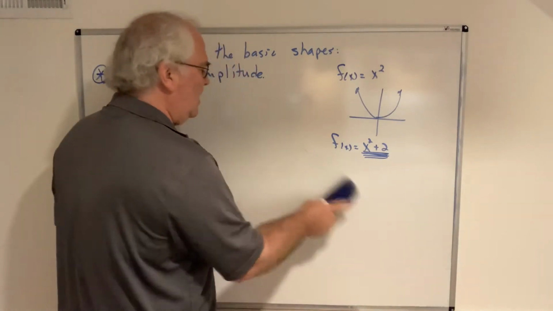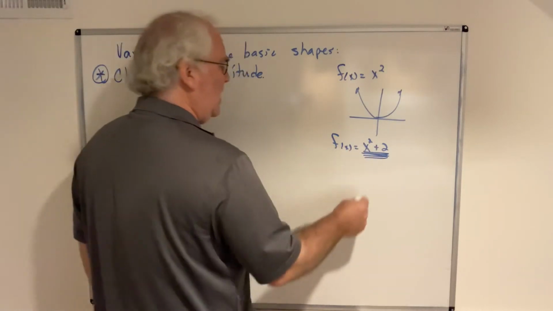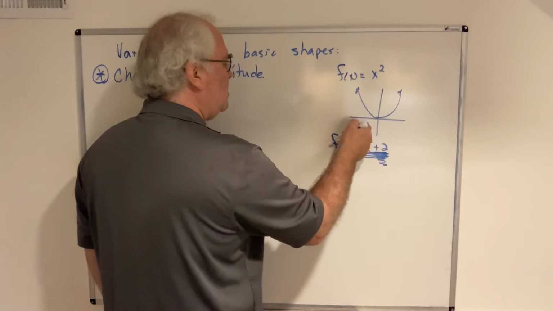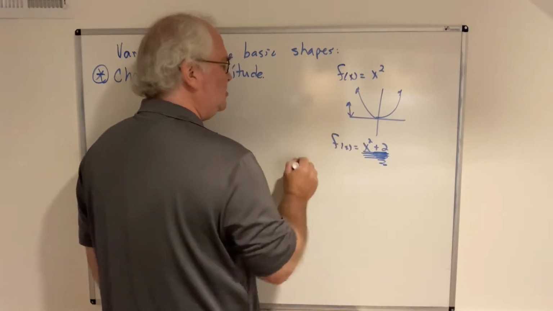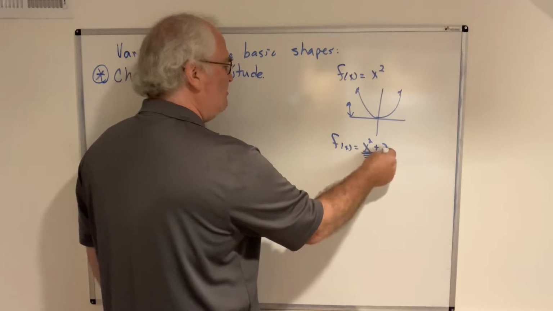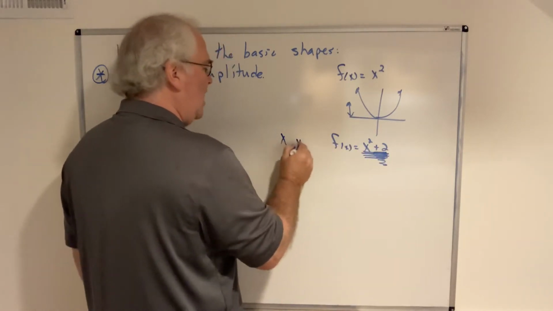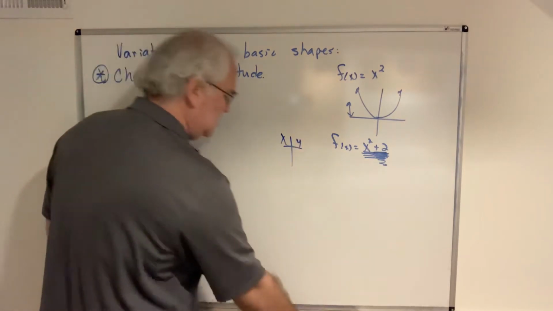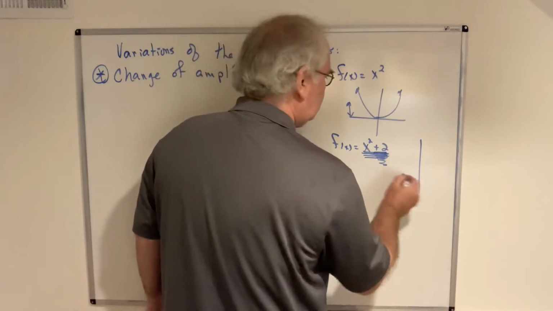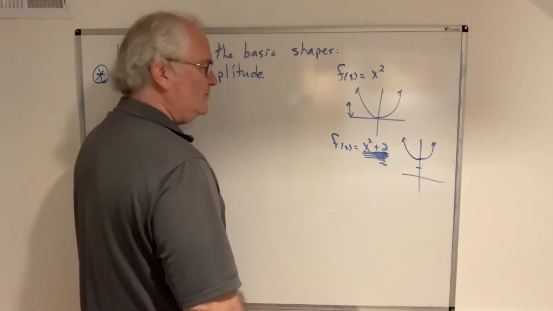But hopefully you don't need to do that, because once you recognize that certain changes of equation always correspond to certain changes of picture, this means the basic shape parabola shifted up 2 units. And so you don't need to go through some X, Y column grid graphing business. All you need to do is move this up 2 units and you're done.